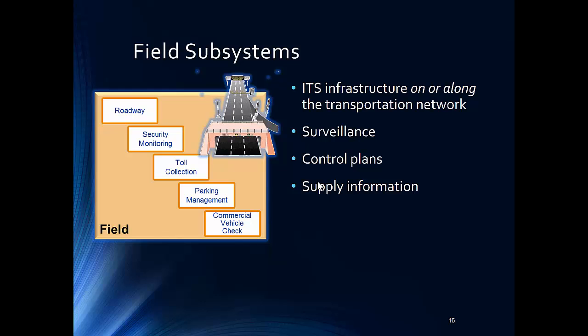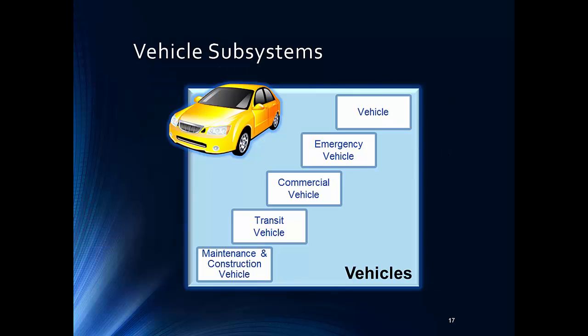Field subsystems, the roadway monitoring, could be cameras, could be vehicle detectors. You can see all the different possible field subsystems here. Vehicle subsystems, the actual commercial vehicles or trucks, transit vehicles, maintenance and construction vehicles. These are sometimes the ones that are operated by a DOT to help stranded motorists.